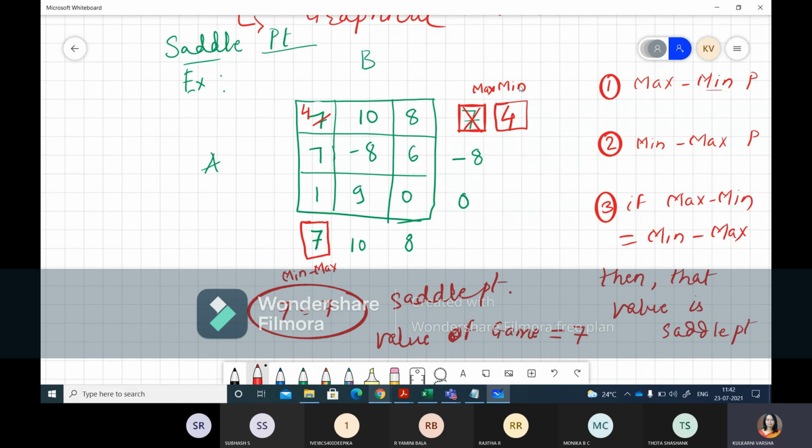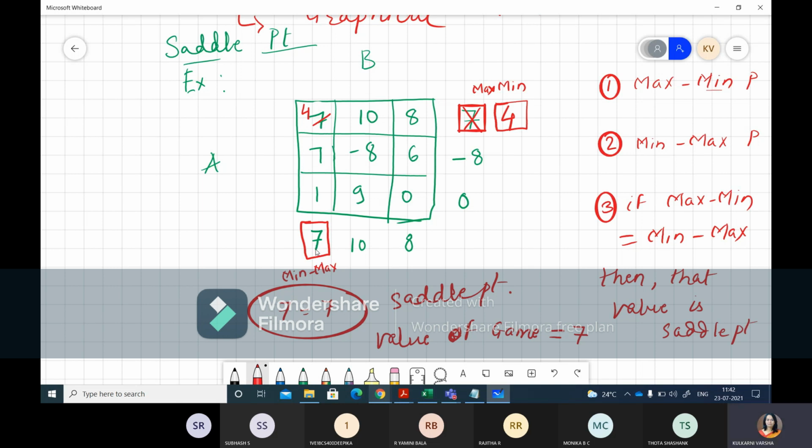So there is no saddle point for this game, and as there is no saddle point, we have to go for another method to find the value of the game.